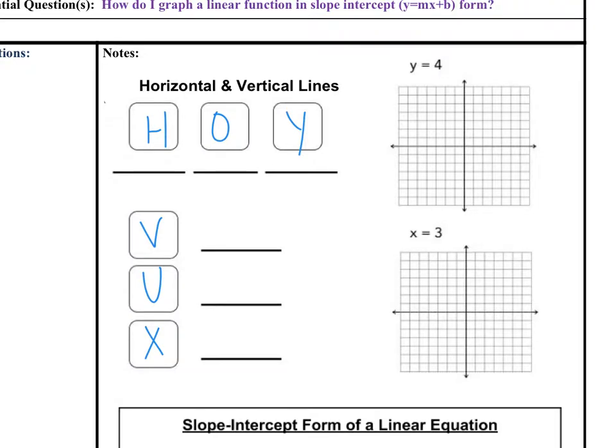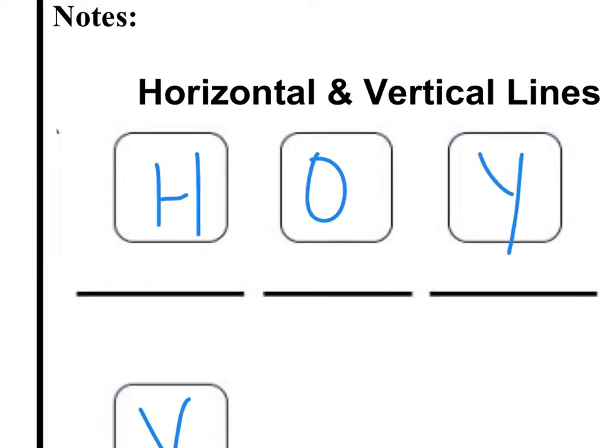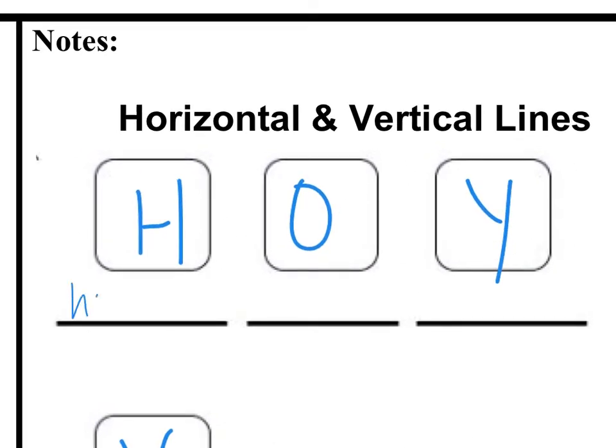H-O-Y. The H stands for horizontal. Horizontal lines. If you have a horizontal line, we talked about this on Monday, Tuesday. Horizontal lines have a slope of what? Flat line like this. 0.